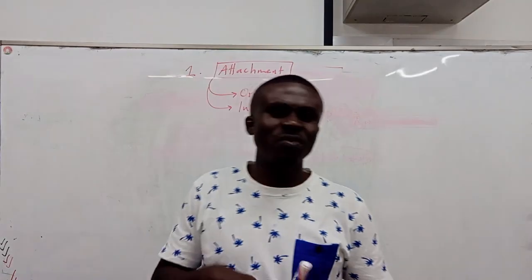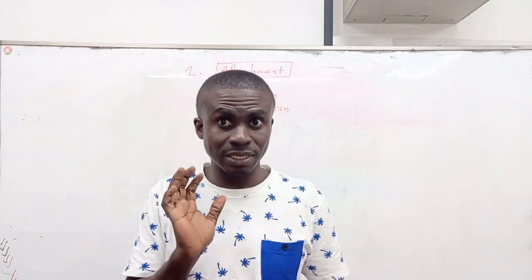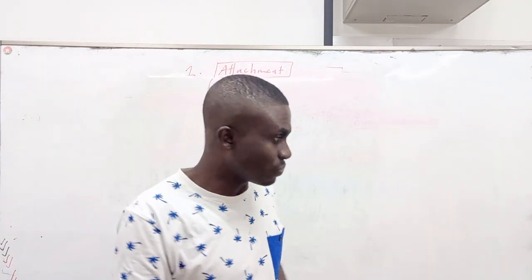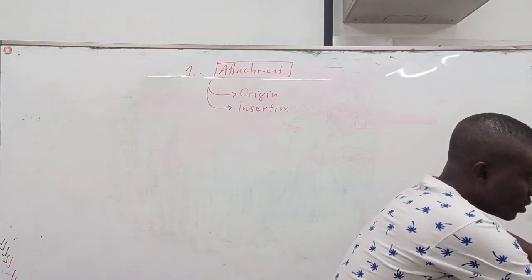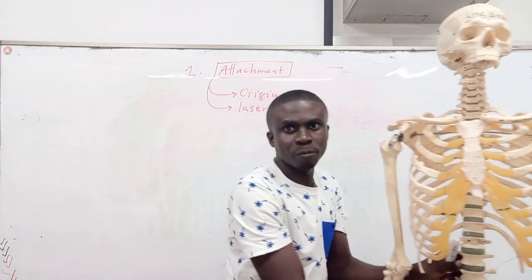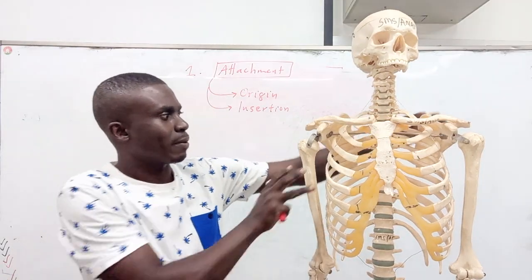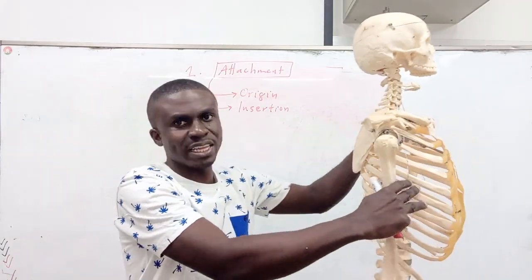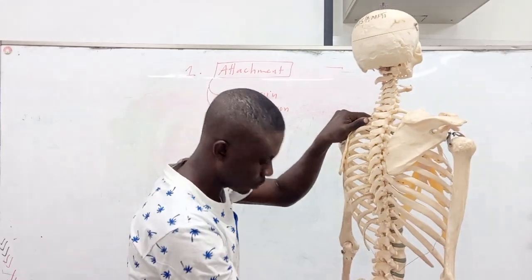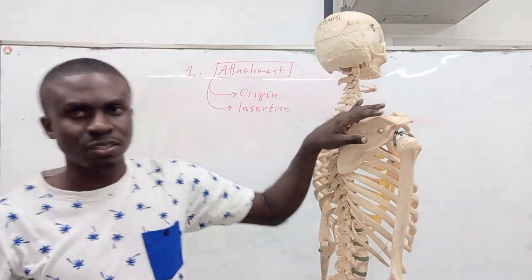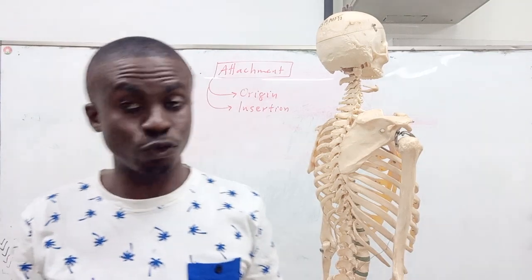Already, I've told you that whenever muscles contract, they cause movement. That's the first thing I want you to be aware of. Now, for instance, if you look at this friend of mine, what I see is that there's one muscle over here, just to use that one to explain something to you. There's one muscle, we call it supraspinatus.